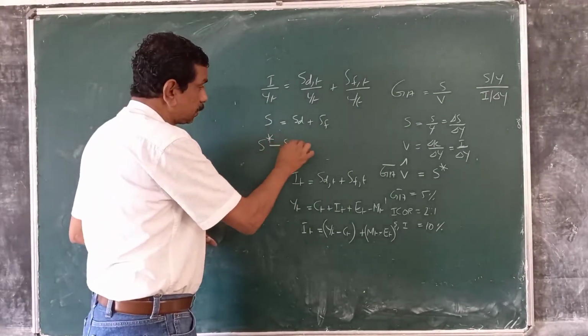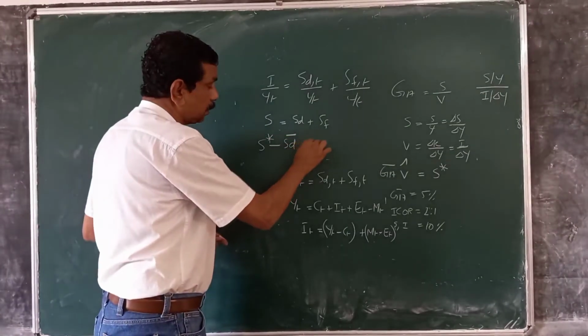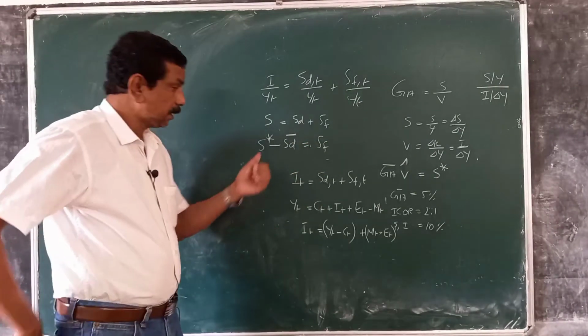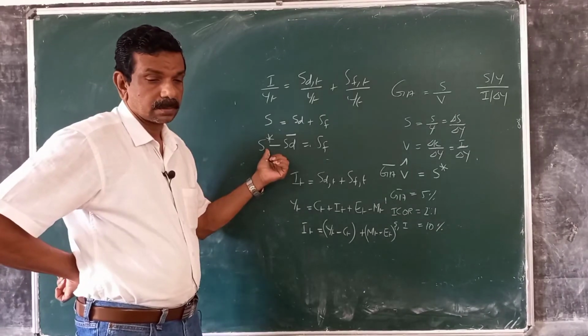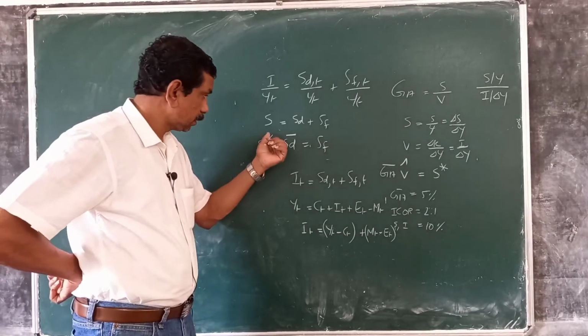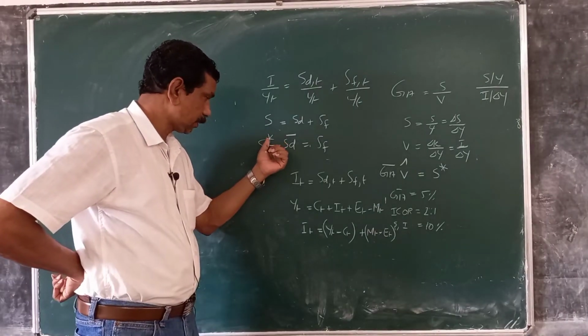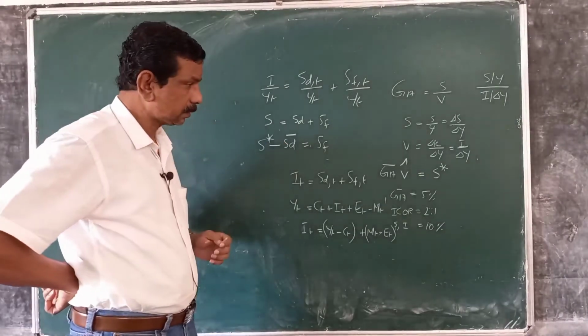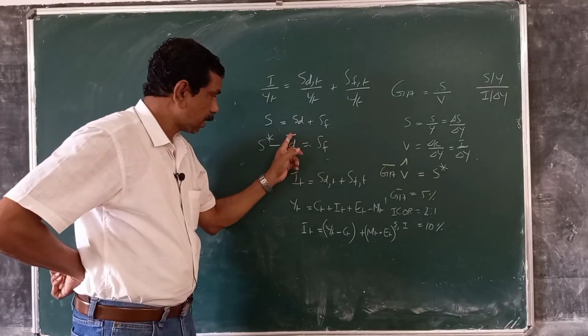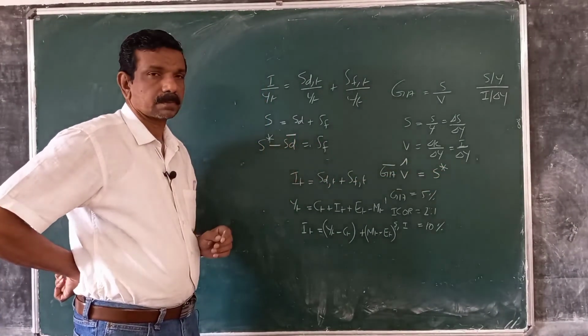minus SD bar is equal to SF, where S star is the required savings that we have derived earlier. SD bar is the maximum domestic savings.